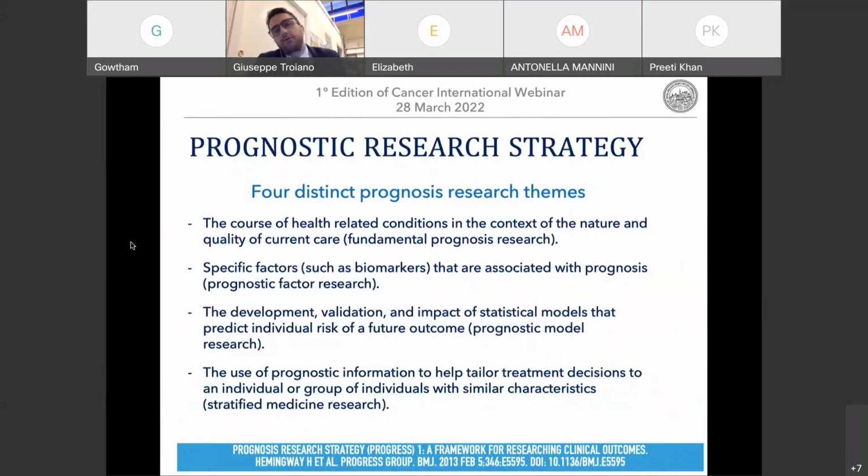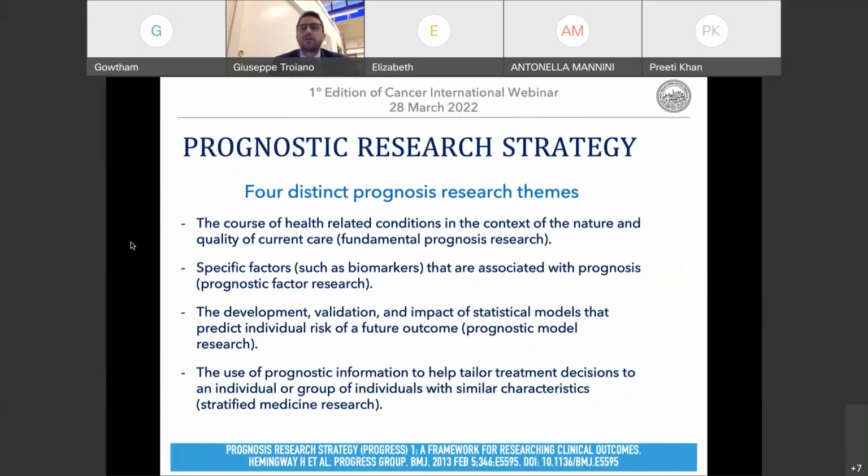Today, I'm going to focus on the prognostic side and the prognostic research in head and neck squamous cell carcinoma, and more particularly in oral squamous cell carcinoma.